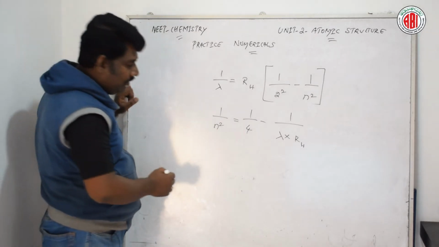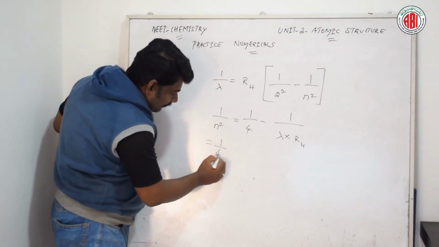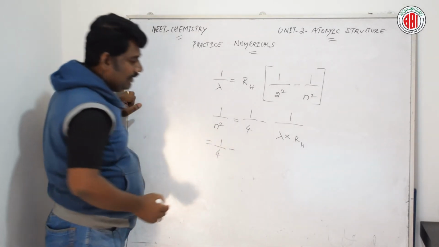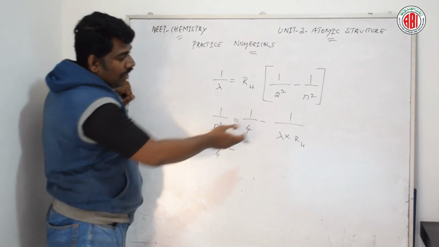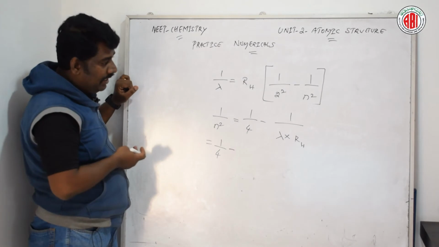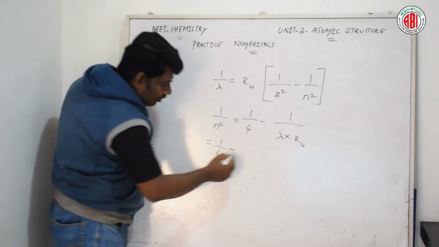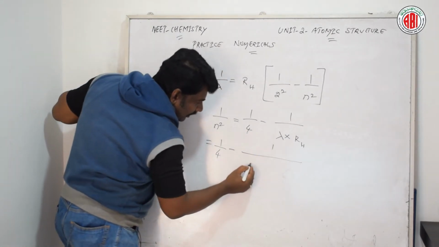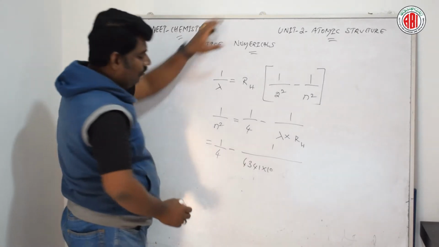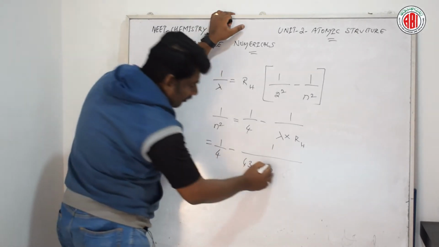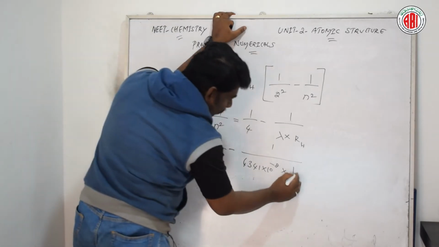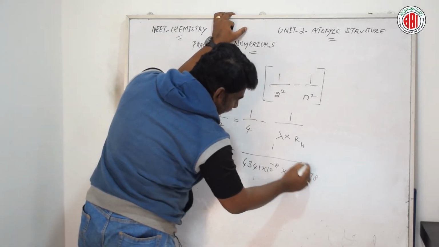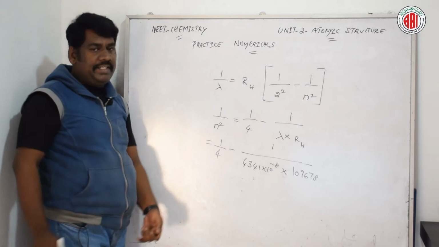Applying the values for lambda and the Rydberg constant, we get 1 by 4 minus 1 divided by 4341 into 10 to the power of minus 8 into the Rydberg constant value, 109678.